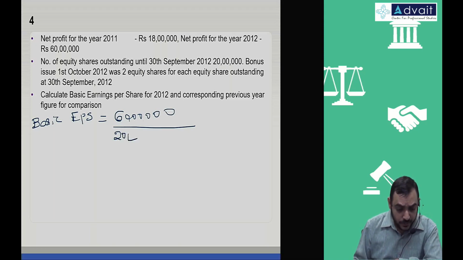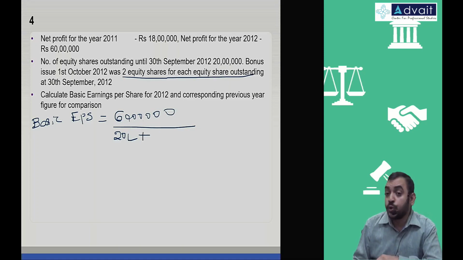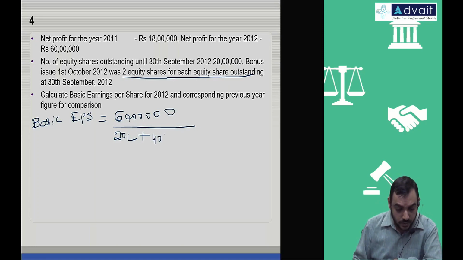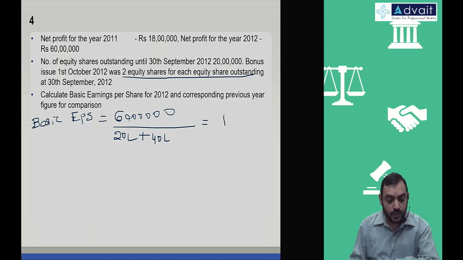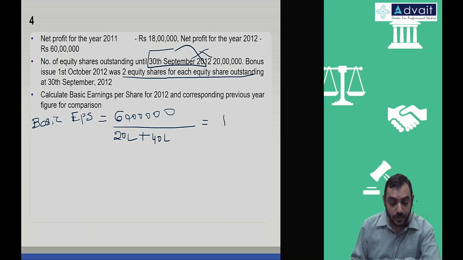Bonus issue made was 2 shares for each equity share outstanding. That means bonus shares issued are 20 lakh into 2, which is 40 lakh. Then total number of shares becomes 60 lakhs. So 60 lakh rupees by 60 lakh shares, that becomes rupee 1. Don't worry about the date of issue, that does not matter.